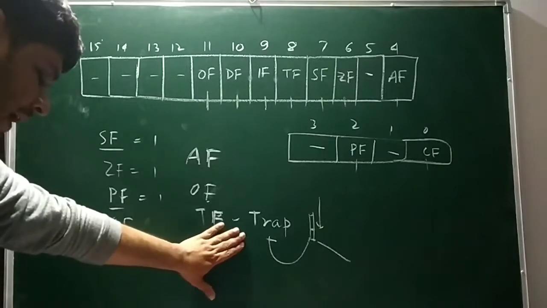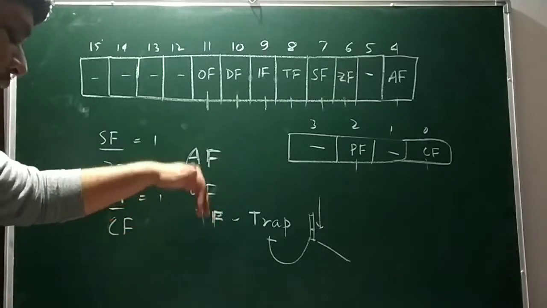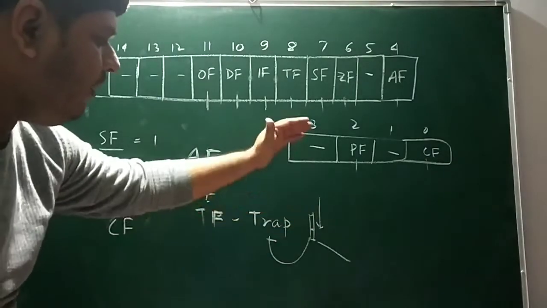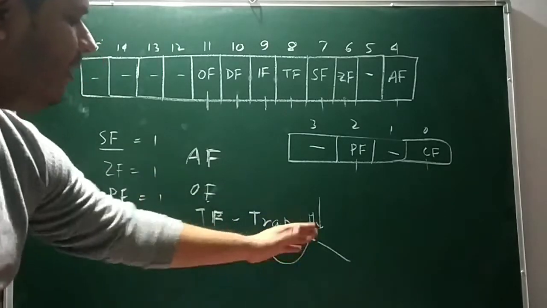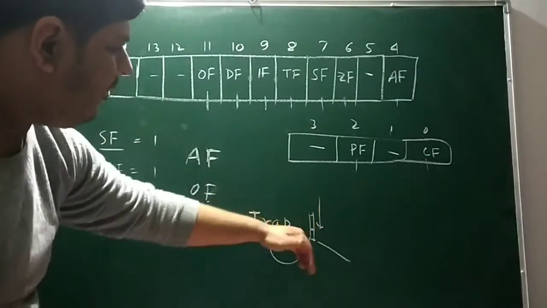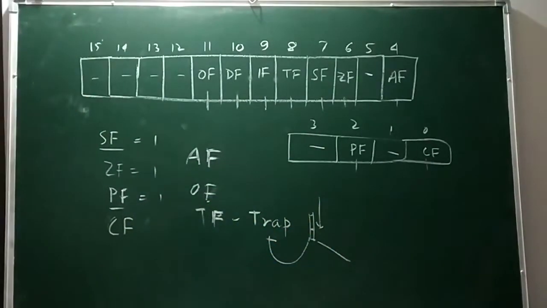So when this trap flag is set, the processor enters into a single step execution mode. Means it will stop executing the current instruction, rather it will execute the trap instruction first. Then after execution of the trap instruction, the previous instruction will be executed again.